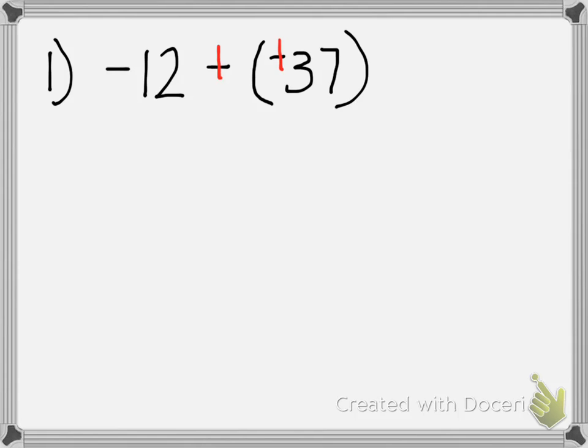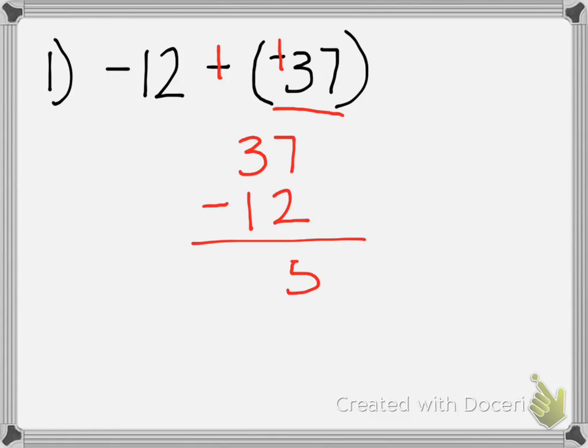Next thing we need to look at is which one do you have more of? Do you have more positives or negatives? And right off the bat, you can tell that you have more positives, 37. So we're going to take 37 and subtract the 12. 37 minus 12 is 25.